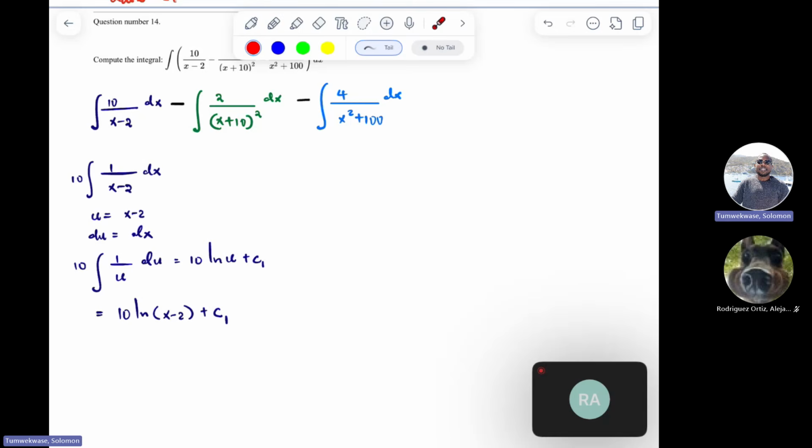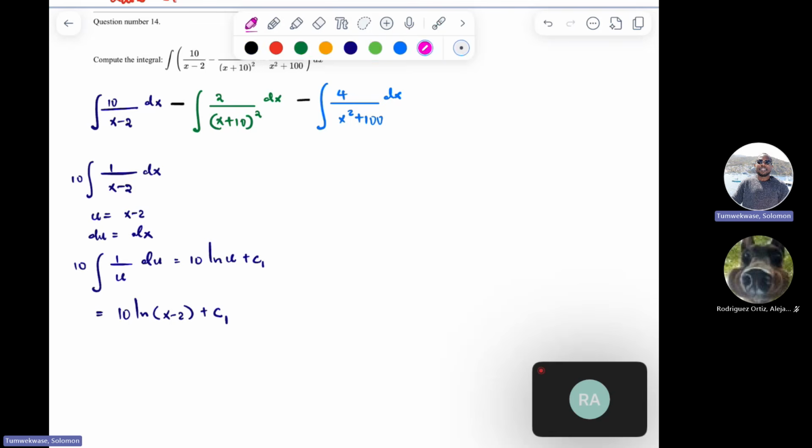Once again, if I have a function which is in fraction form, and you look at it and realize that when I take the derivative of the denominator, I get what is in the numerator, then the final answer for that integral is the natural log of the denominator. Okay, so this is what I'm saying.